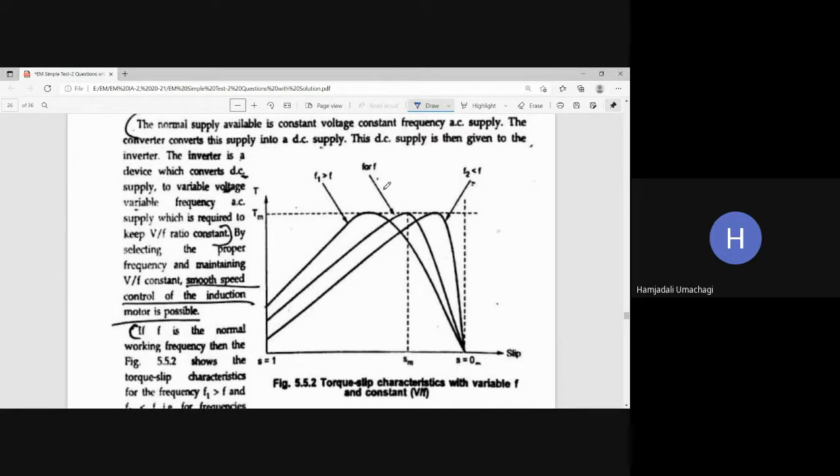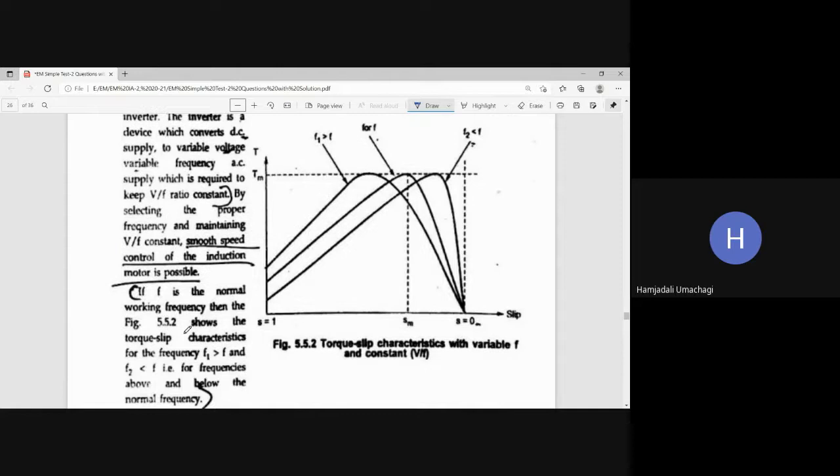This is for the normal frequency F, this is for the frequency F1 greater than F, and this is for the frequency F2, which is smaller than the normal frequency F. If F is the normal working frequency, then figure 5.5.2 shows the torque slip characteristics with variable and constant V by F, for frequencies F1 greater than F and F2 smaller than F, that is, for frequency above and below the normal frequency.